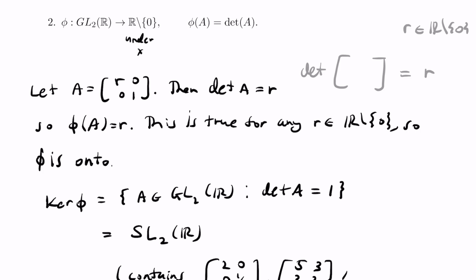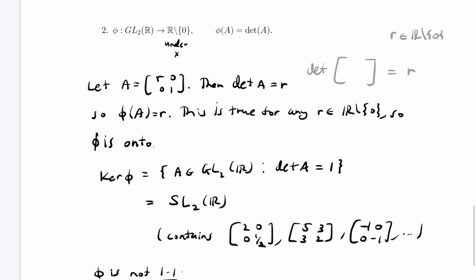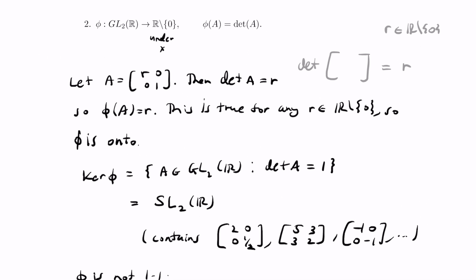This has determinant 1, or [-1, 0; 0, -1], etc. But we notice that as a consequence, because there are many options of things in the kernel of phi, phi is not a one-to-one homomorphism. So the non-zero reals under multiplication and the 2x2 invertible matrices are not isomorphic.